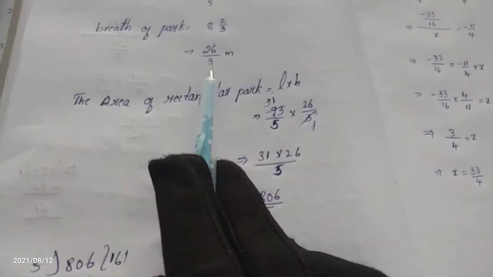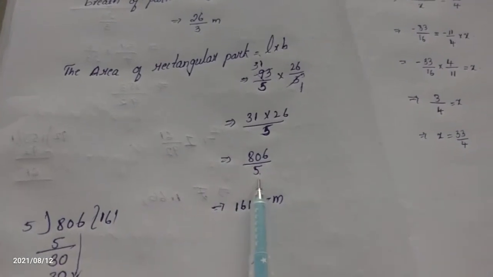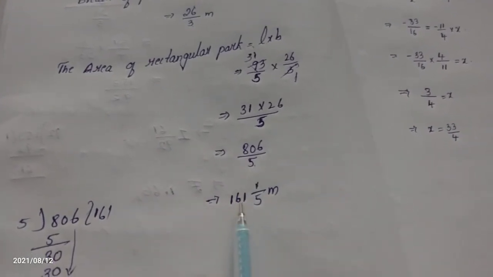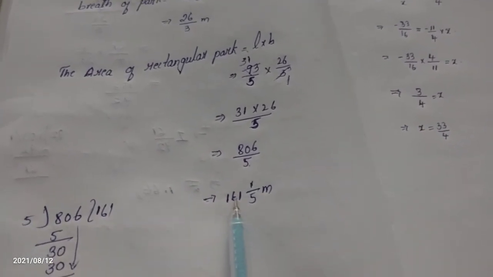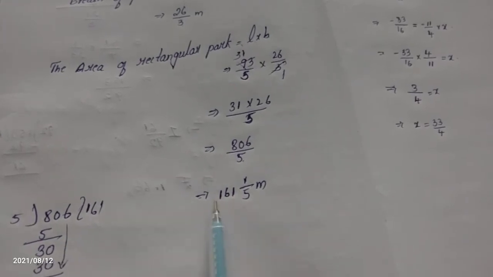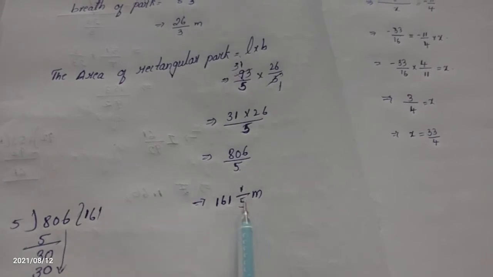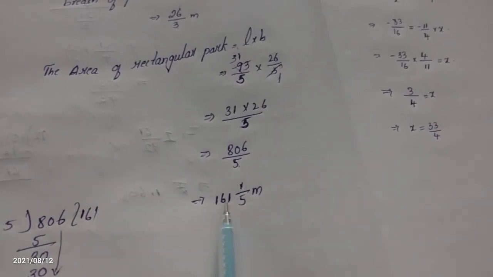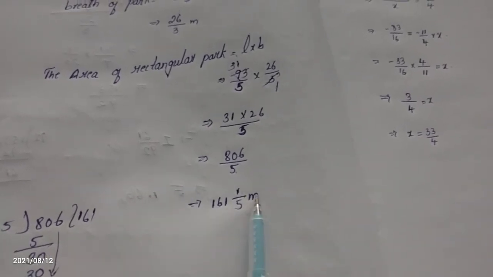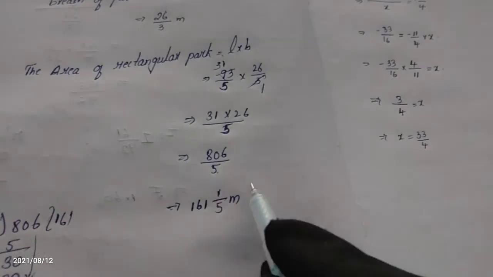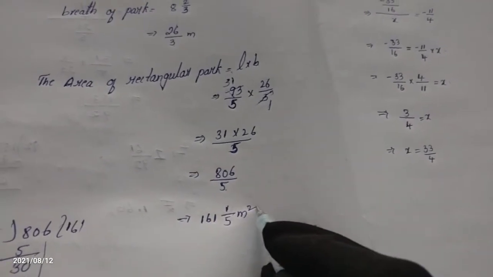Okay, length is given, breadth is given. We are finding the value of the area of the rectangle. What do we get? 161 1/5 meter. Is meter there? No, meter square. The unit of area is meter square. How?